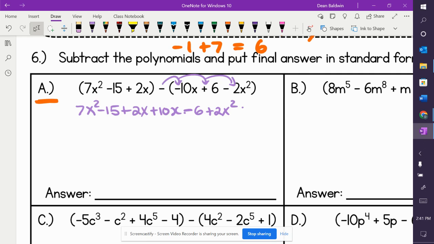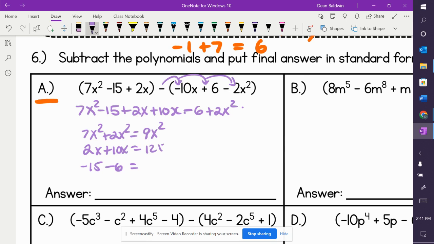And then it's just like terms. 7x squared plus 2x squared. 2x plus 10x, negative 15 minus 6. And you get 9x squared plus 12x minus 21.